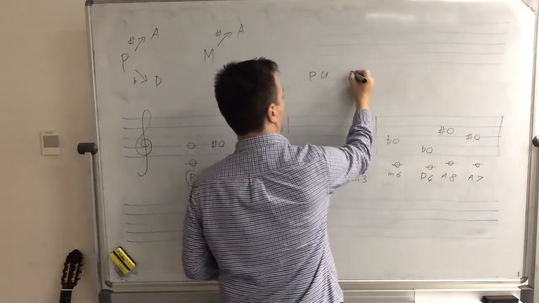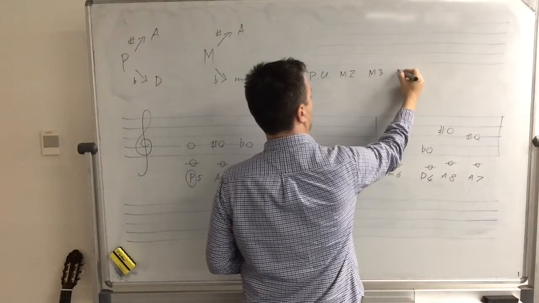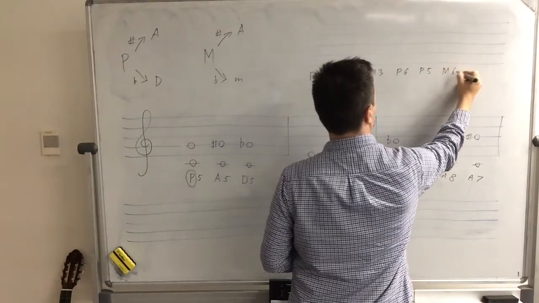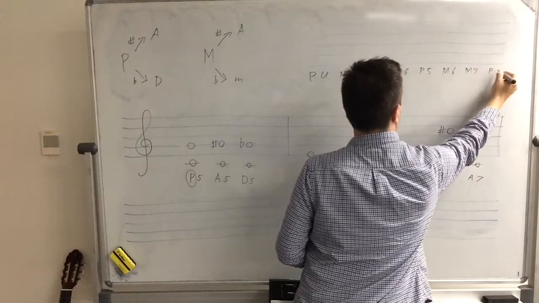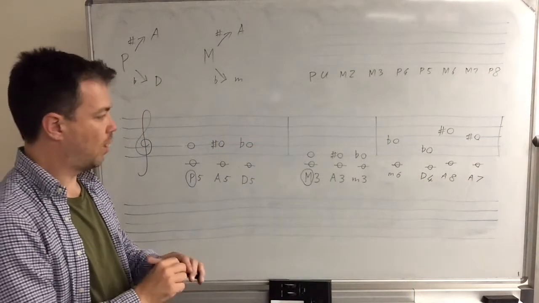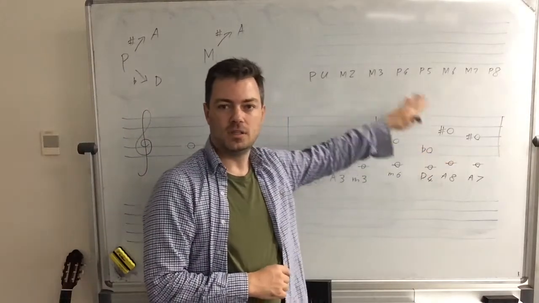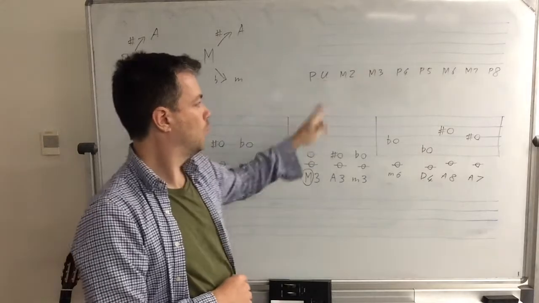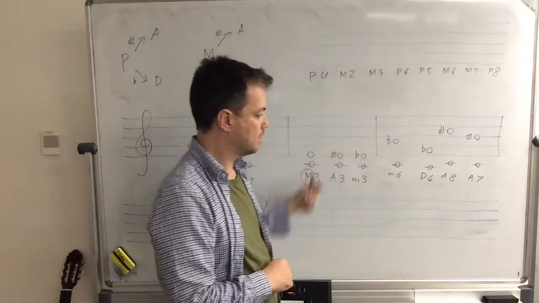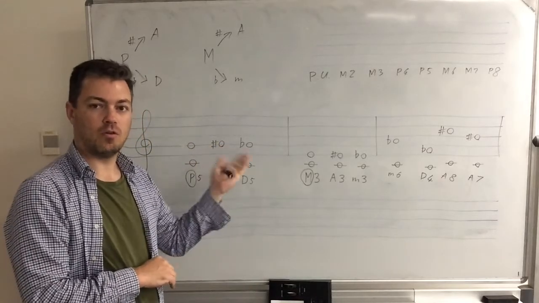A second is major, major third, perfect fourth, perfect fifth, major sixth, major seventh, perfect octave. There's the order there. So as I said, when we were working these out, we did need to know what that order is, or whether you remember the order, memorize it, whatever. So hopefully that all makes sense. Chromatic intervals.